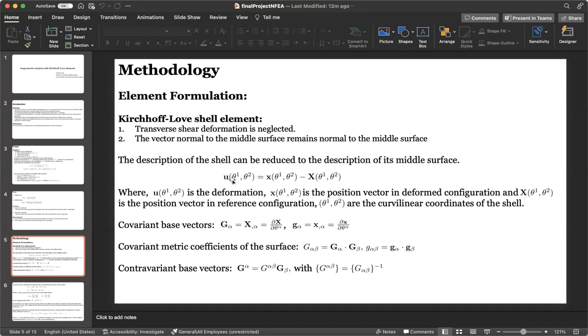The deformation u is defined as the difference between the position vector in the deformed configuration minus the position vector in the reference configuration, and we define covariant base vectors as tangents with respect to both the reference as well as current configuration, and we define covariant metric coefficients which are used in evaluating strains.